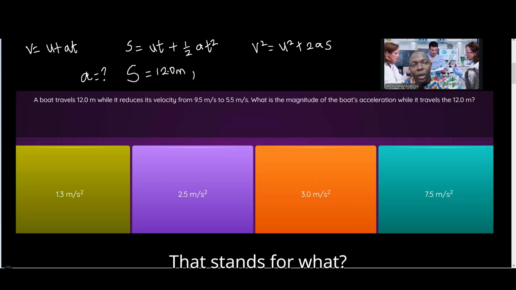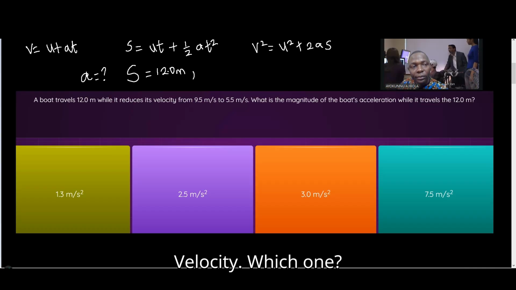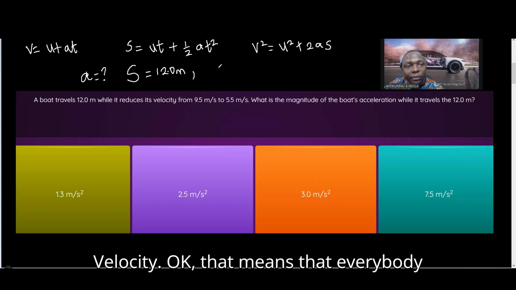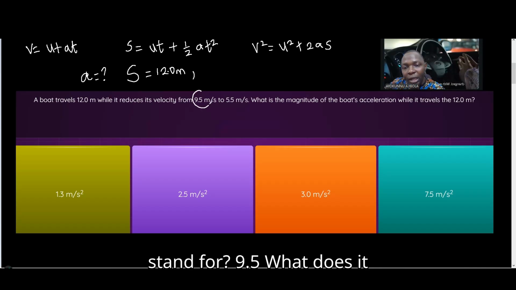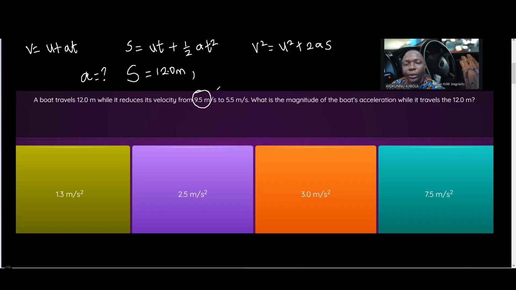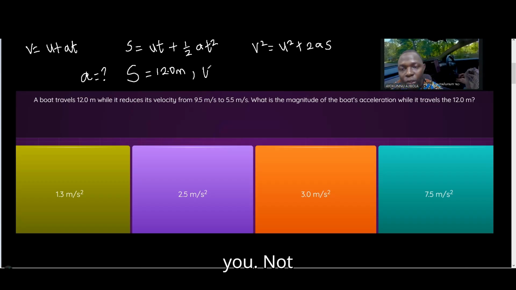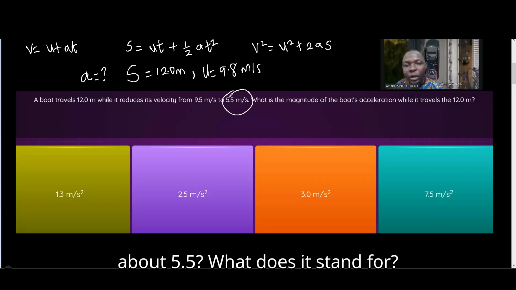That stands for what? Velocity or initial velocity? Which one? Initial velocity U. What about 5.5? What does it stand for?